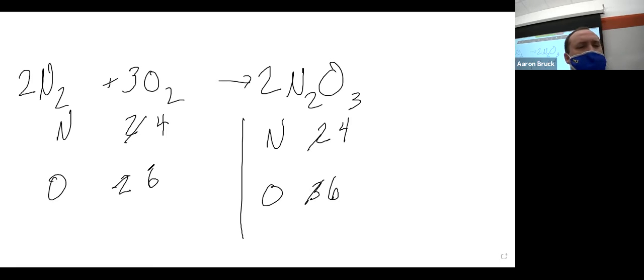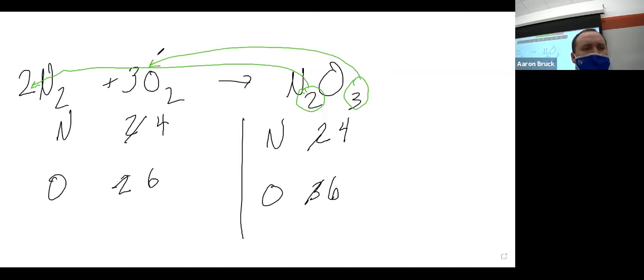Now, the other approach that you could have taken stems off of the trick I gave you last Friday, where we would have taken these subscripts, the 2 and the 3, and turned them into the coefficients, 2 and 3 over here.